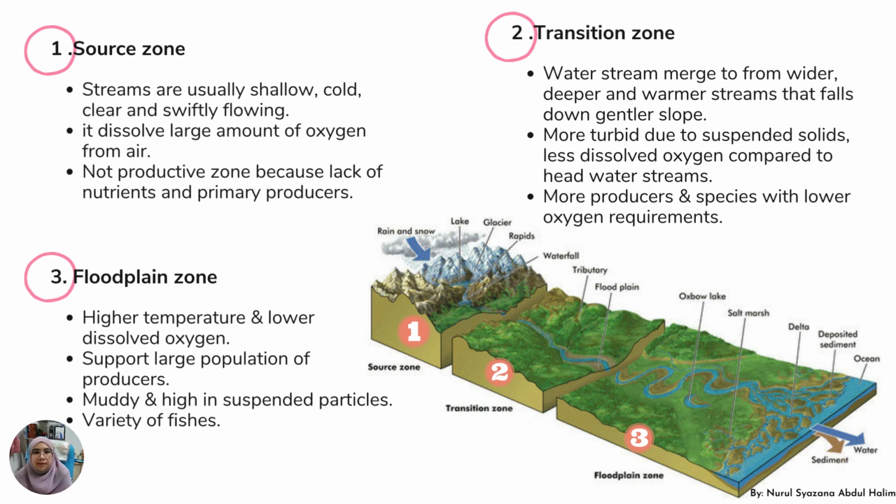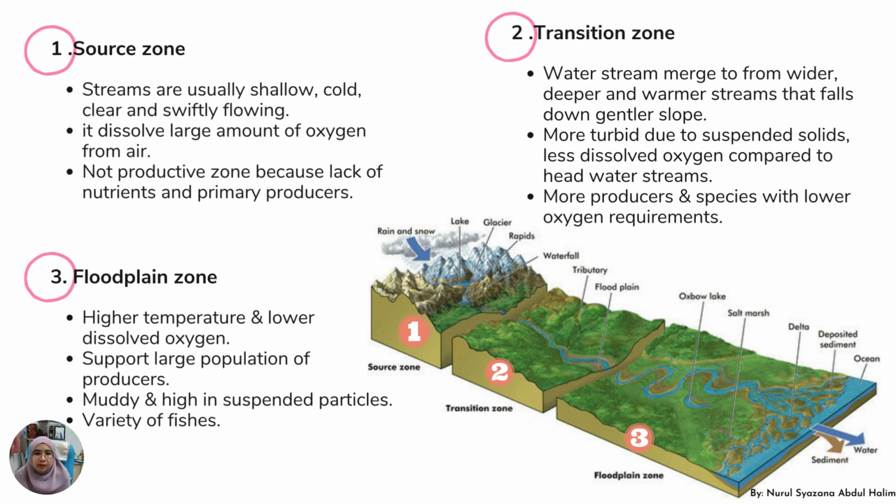In many areas, the stream begins in a mountainous area that collects and releases water falling to the earth's surface as rain or snow that melts during the warm season. The downward flow of surface water takes place in three aquatic life zones characterized by different environmental conditions, which are the source zone, the transition zone, and the floodplain zone.